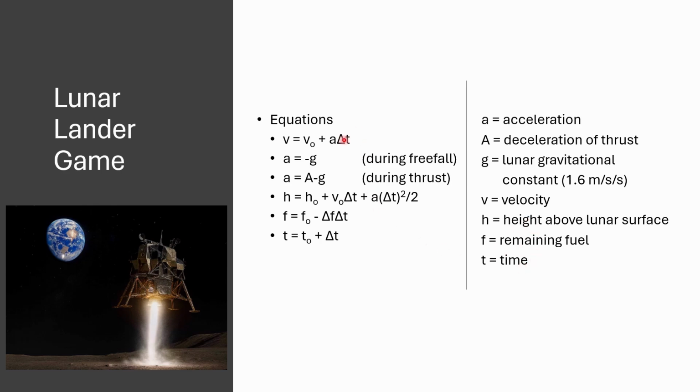So those equations are: the current velocity is the initial velocity plus the acceleration times delta T. And let's say that delta T is going to be a time step of 10 seconds. a is negative G during free fall, and a is equal to A minus G during a thrust event time step. H depends on the initial height of the time step plus V initial times delta T plus acceleration times delta T squared divided by 2.